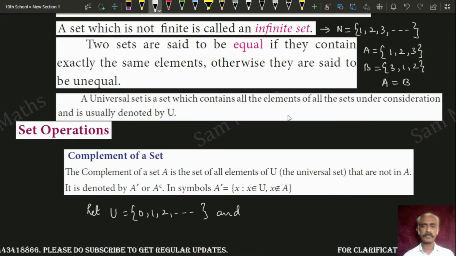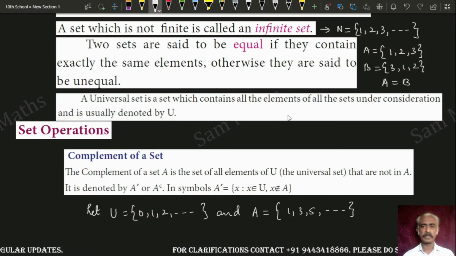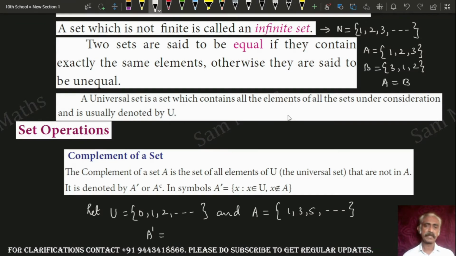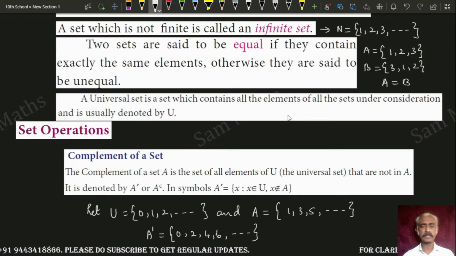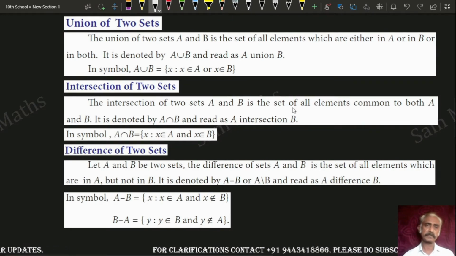And A is equal to 1, 3, 5, etc. This is the set of all odd integers. Suppose A dash means except A elements. That is 0, 2, 4, 6 and so on. So this is the complement of A.